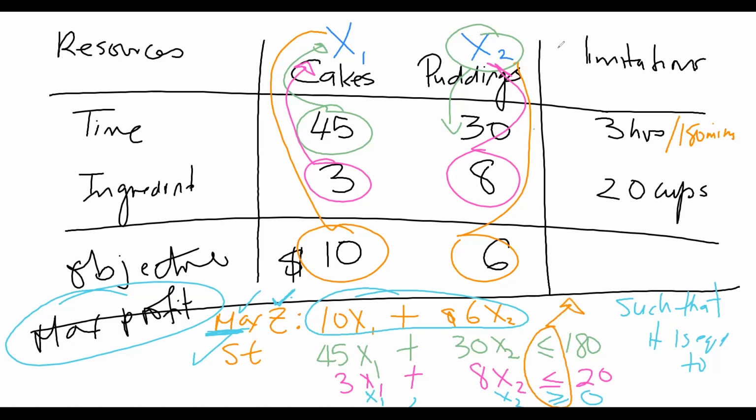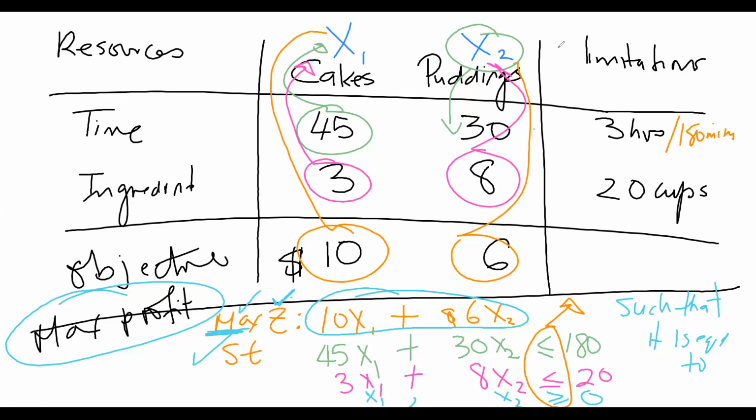You have to make sure you get them correct, because if you get them incorrect, you're going to highlight the wrong portion of the feasible region. So you have to look carefully at the problem. She said she only had 3 hours to bake, which means that she can use up to 3 hours or less than 3 hours.